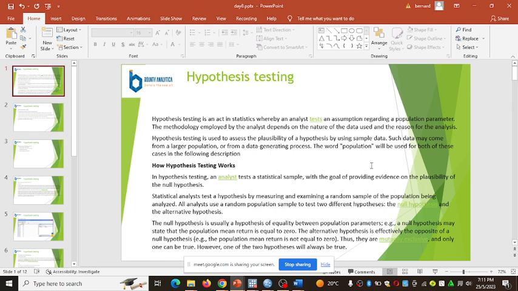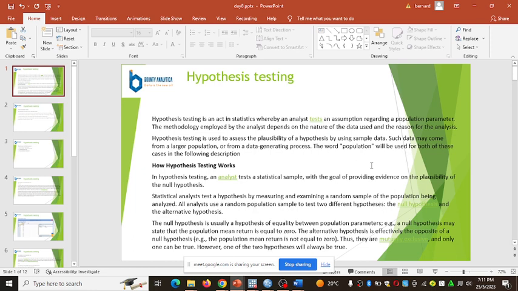So hypothesis testing is used to assess the plausibility of a hypothesis by using the sample data. Such data may come from large populations or from a data generating process. So the large population will be used for these cases in the following descriptions.